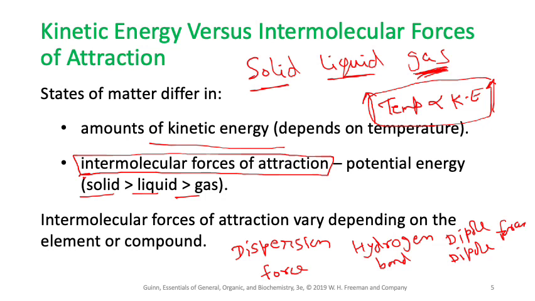That's why at the same temperature, gas atoms or molecules have the highest speed, meaning higher kinetic energy, because they have the weakest intermolecular forces, right? So there is no one to hold the atoms together. So make sure you know this concept.